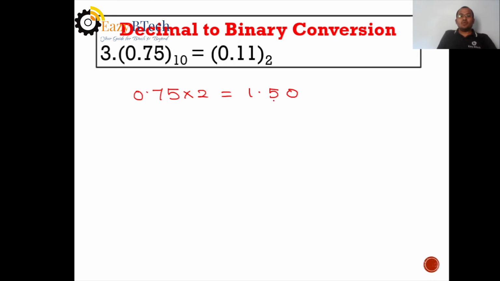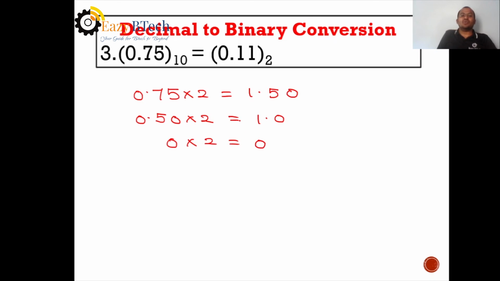Then whatever fractional part we get, we take that and again multiply by 2. So if you multiply by 2 we will get 1.0.